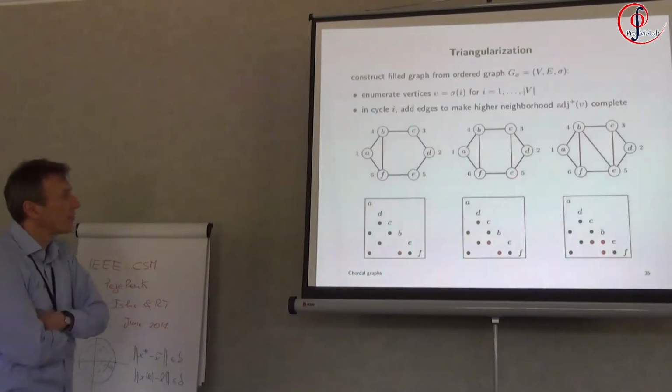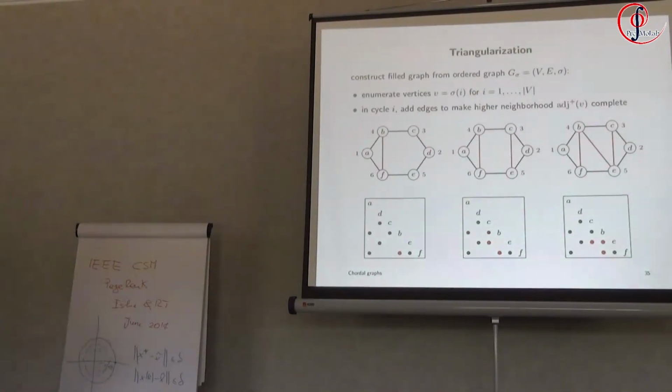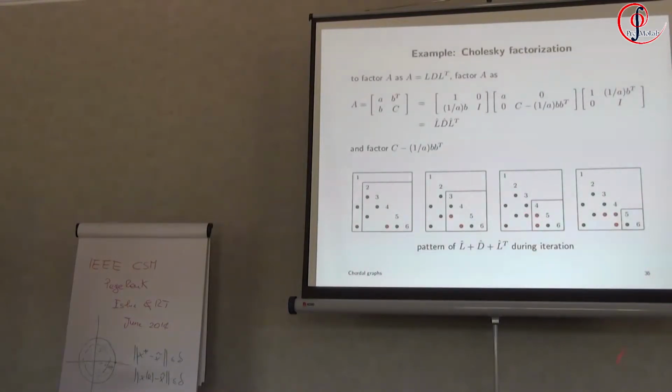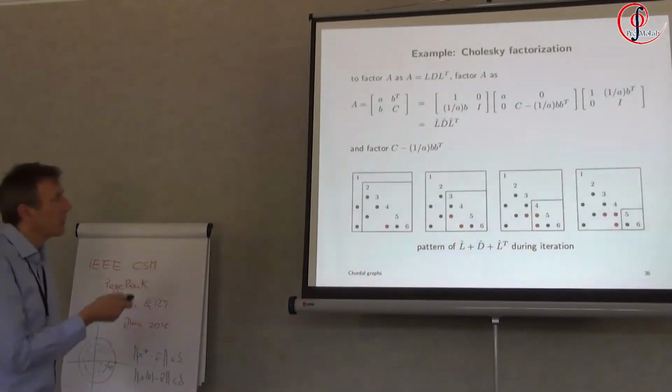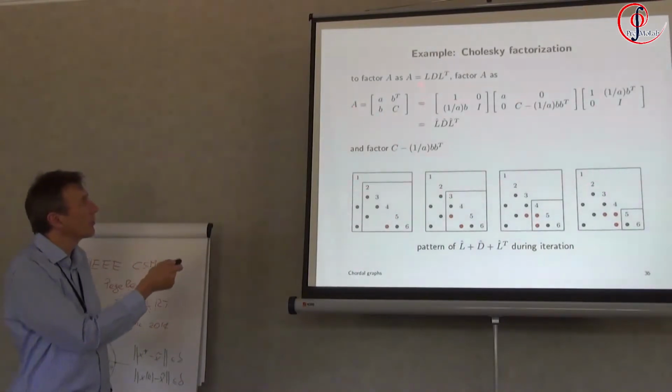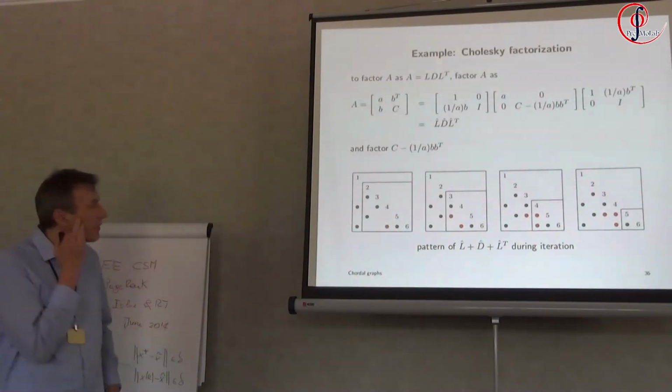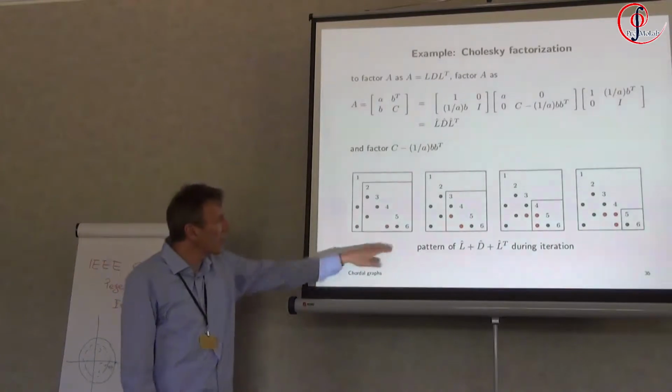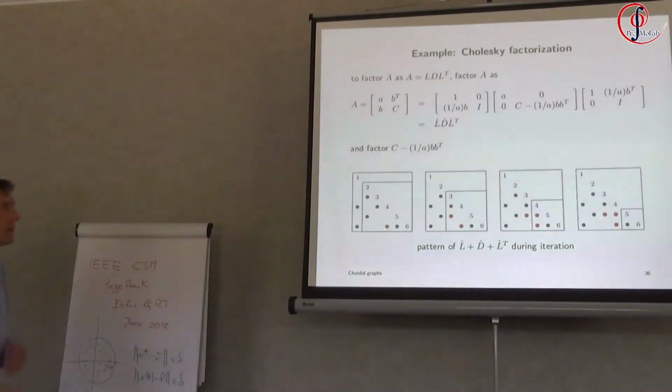And this is a graph model of the gradual fill-in that happens during a Cholesky factorization. If you remember how Cholesky factorization works, suppose you start with a matrix A that's positive definite and has this sparsity pattern. There are many different ways of organizing a Cholesky factorization, but one is recursively like this.